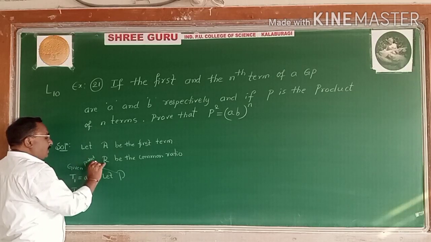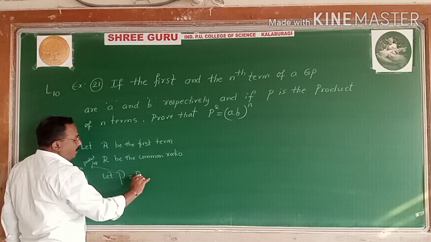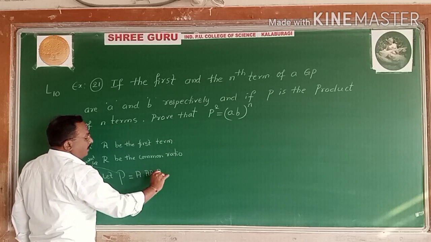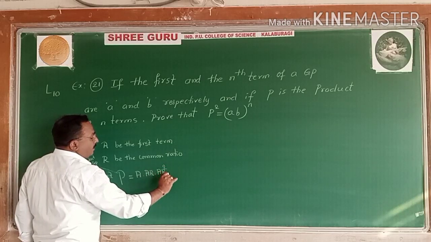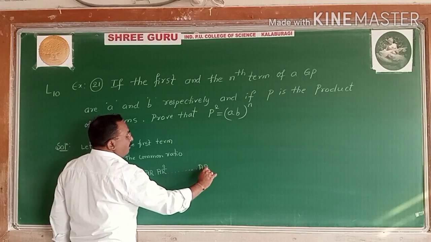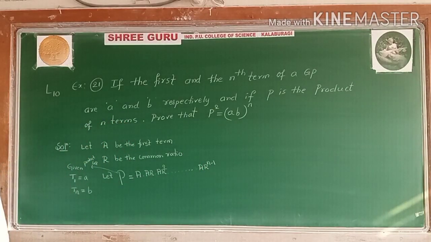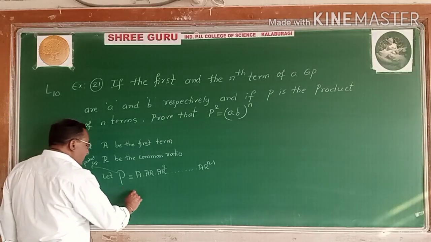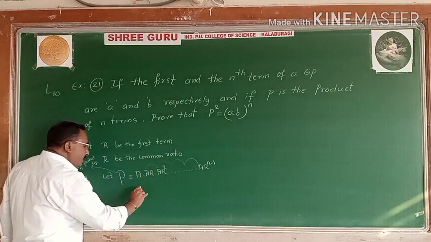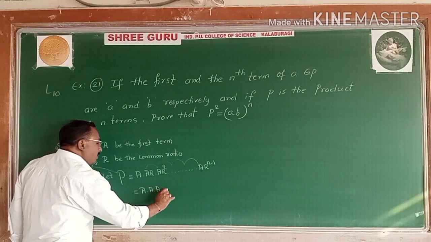Product of GP is equal to a into ar into ar square into ar cube, and so on, up to a into r to the power n minus 1. The a terms go on one side: a into a, and so on.